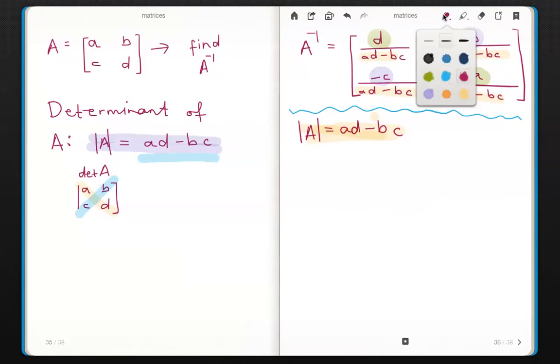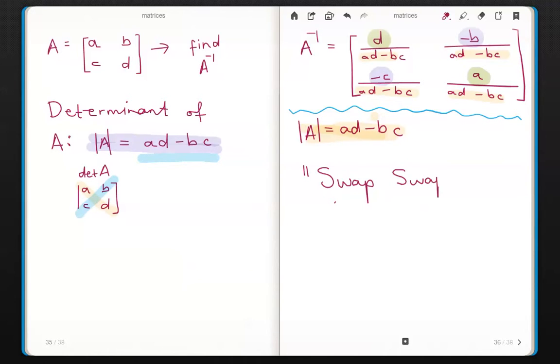So the little rhyme I want you to remember is swap, swap, minus, minus. I promise you, you will remember that for as long as you live.